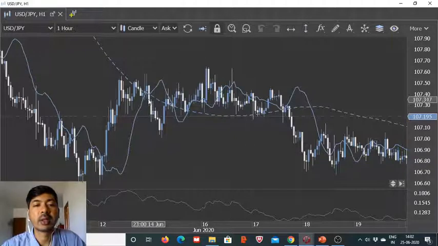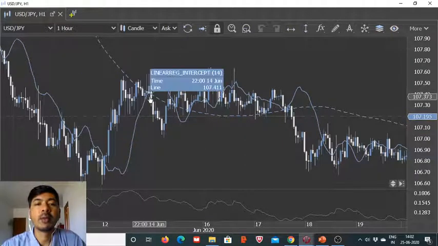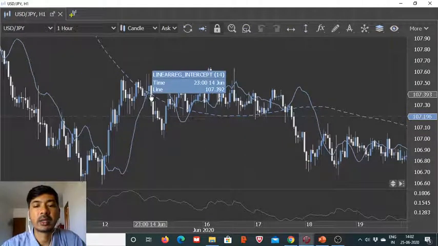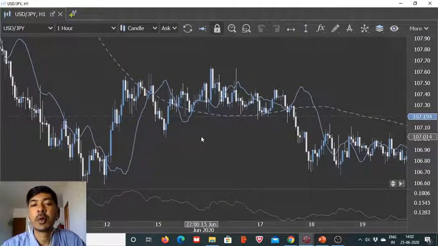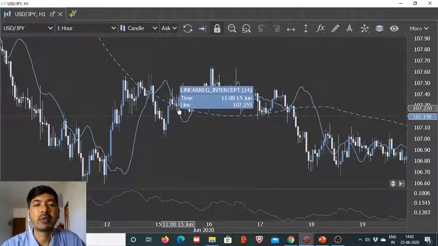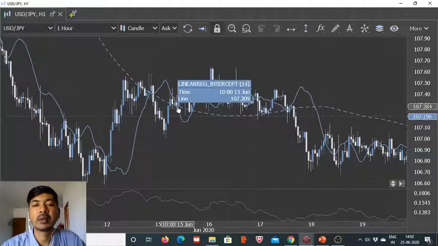We have brought in this condition that the hourly close 10 hours back should have been below the linear regression intercept, and also to make sure that the trade is going to happen only during the initial phase of the trend start. So we are bringing in this condition as well that the last 3 hours minimum value should have been below the 100 SMA.